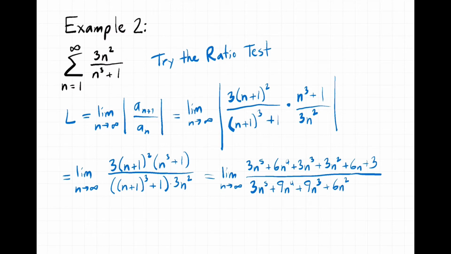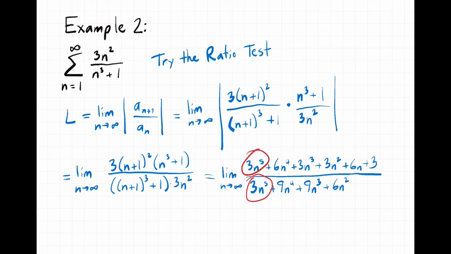In fact, you don't even need to really expand these because the important question is what is the highest degree term on the top and what is the highest degree term on the bottom. And you can actually figure that out from looking at the initial unexpanded rational function.